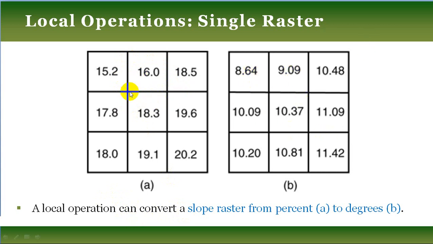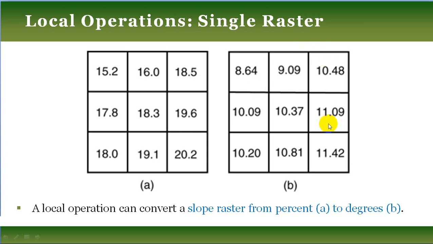The slope of a landscape, the slope of a terrain, can be calculated using percentage or in degrees. On the left hand side, image A is the input image, and after doing the local operation, image B is the output image.